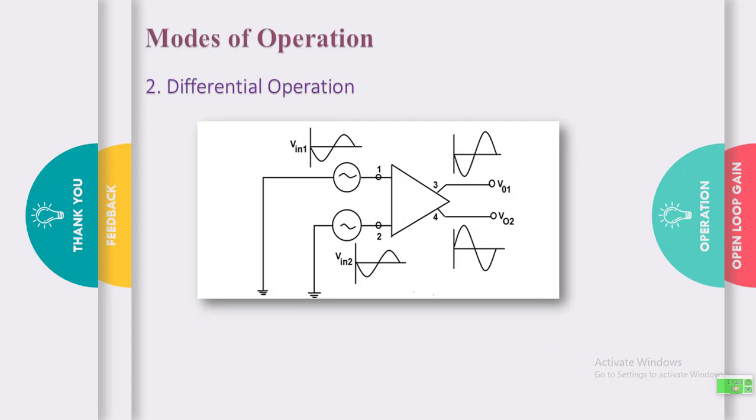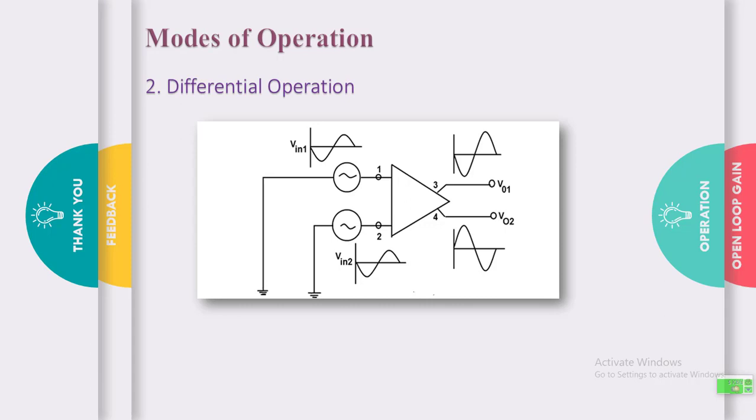The second one is called differential mode op-amp. For this configuration, we must give signals to two inputs. Then the difference between the two terminal voltages is the final voltage, and then the final voltage is amplified. Students, look at the figure.